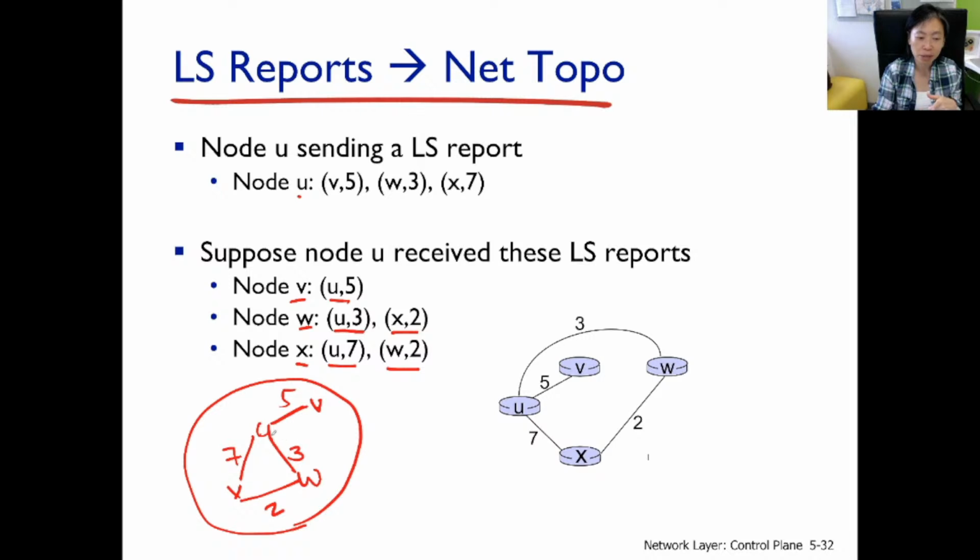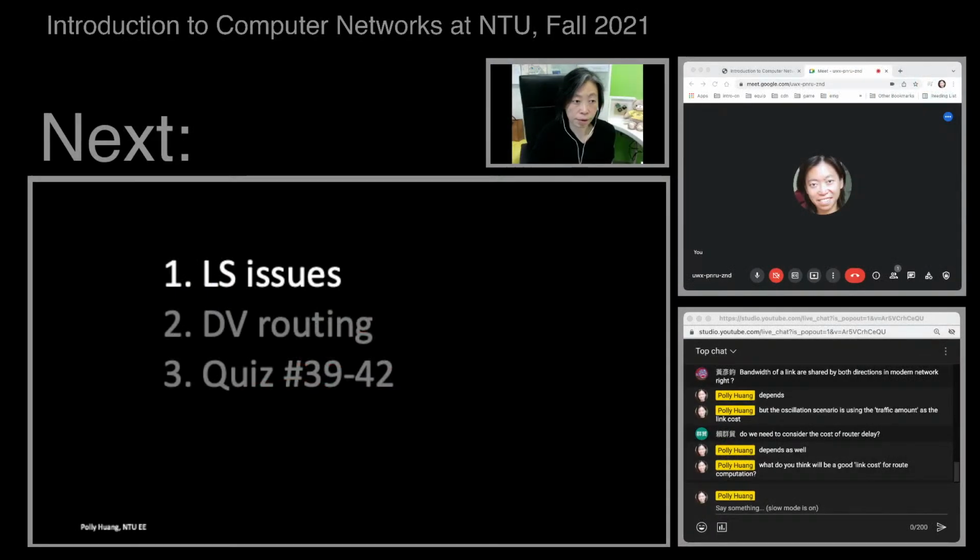So you see this one here, U connecting to V, W, X, is isomorphic to the network there. All right. So now you see, before the Dijkstra algorithm can start, these link state reports are sent around the network. After every node receives all the reports, the graph is generated, and then we apply the Dijkstra routing.